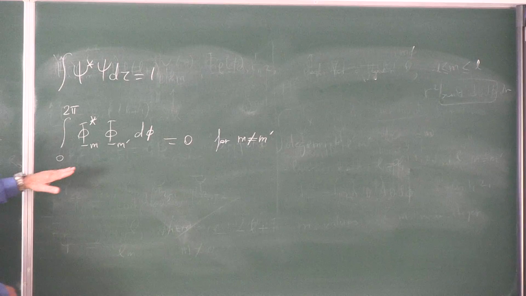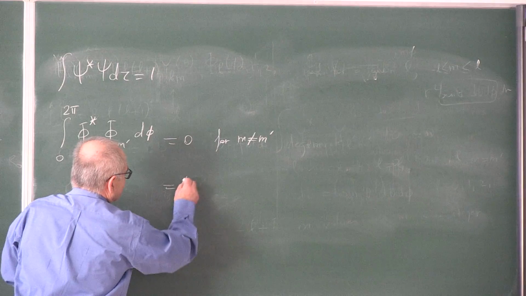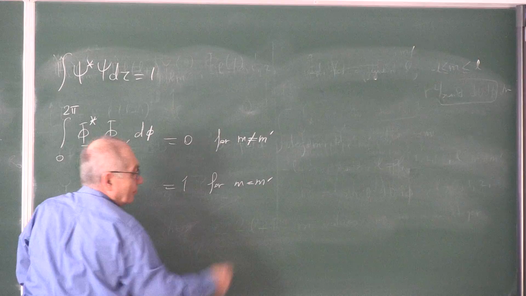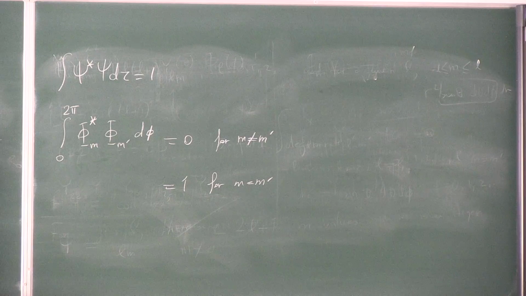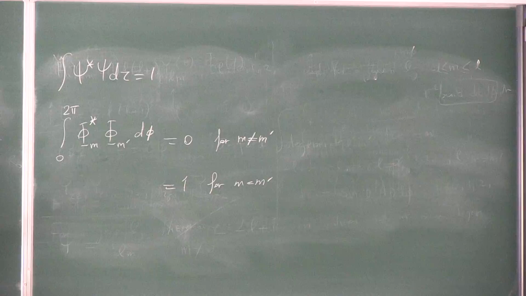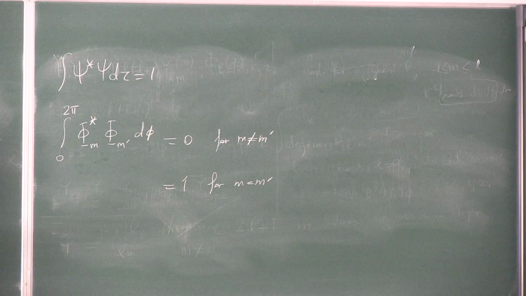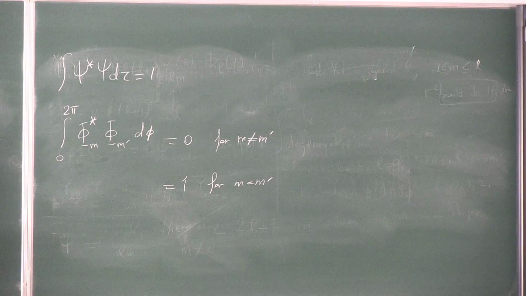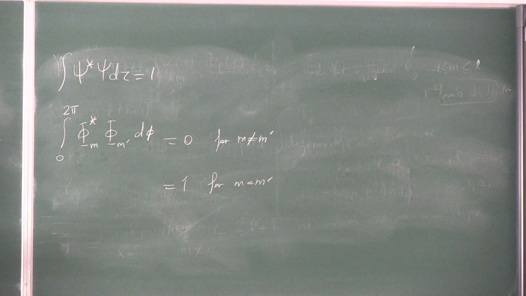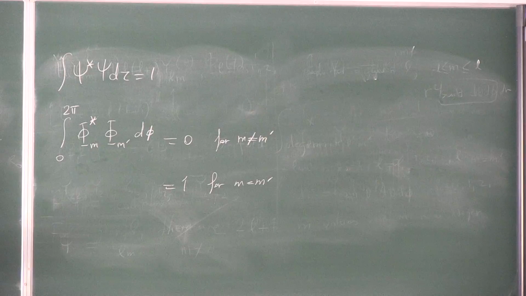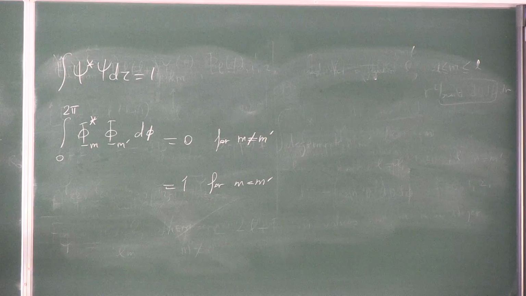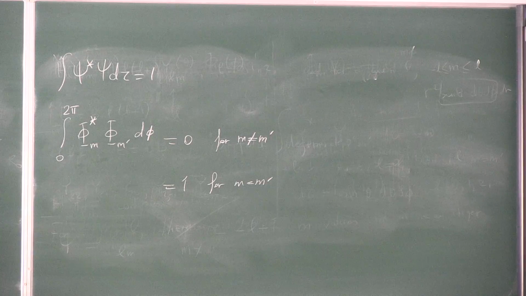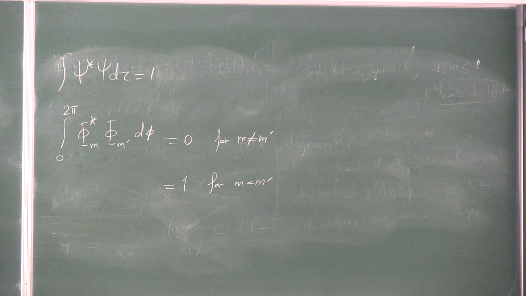So, for m equals m prime, they are orthogonal and normalized. We had used a term to describe both of these, both normalized and orthogonal. What was it? Orthonormal. So we say these functions are orthonormal.